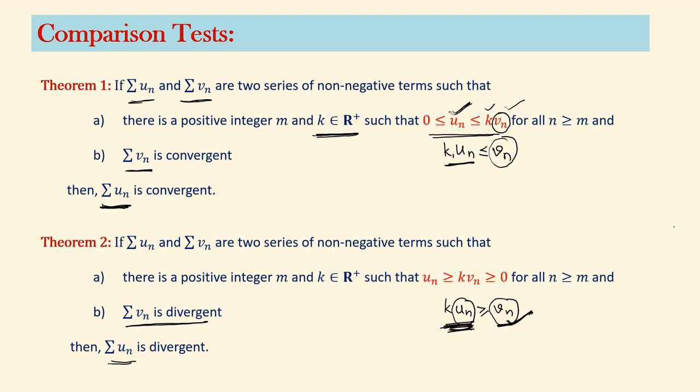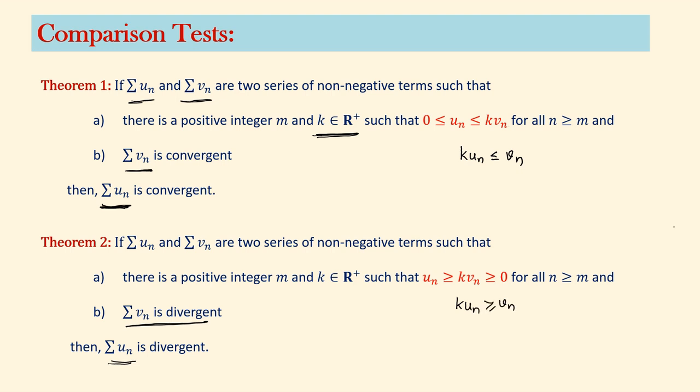So we can use both the conditions, k times un less than or equal to vn or un less than or equal to k times vn. Here un greater than or equal to k times vn or k times un greater than or equal to vn.